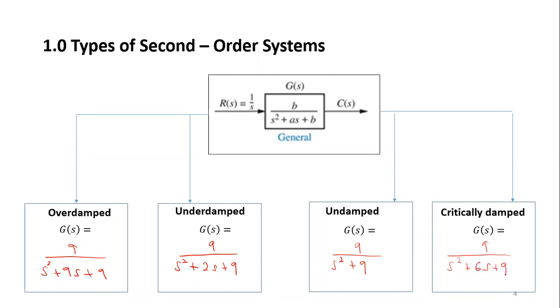If you see here, the difference is in the denominator. As you factorize the denominator, for the overdamped you get real poles; for underdamped, you get complex poles with real and imaginary parts; for undamped, you get imaginary poles; and for critically damped, you get poles at the same place.